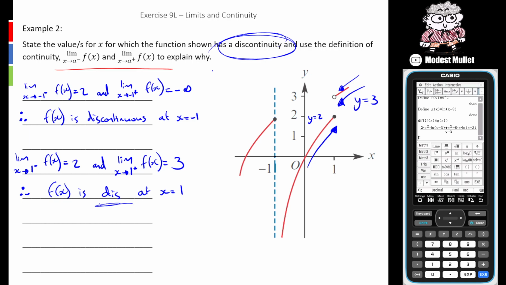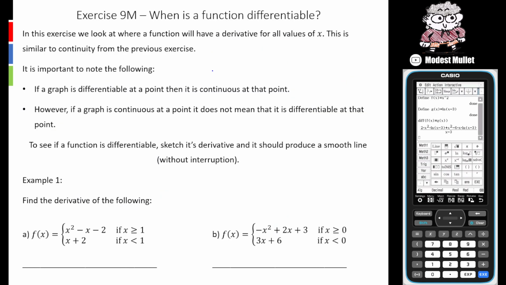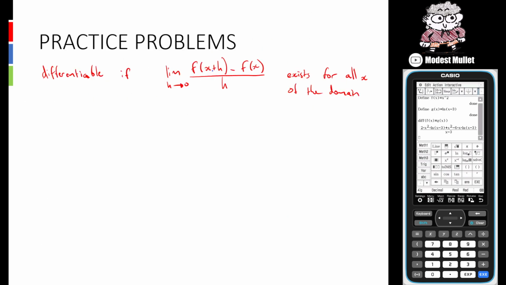Now what does this all mean for derivatives? Well, I'm going to go to this final thing and ignore this title, practice problems. Now, a function is said to be differentiable if our limit, our differentiation via first principles, so this is our first principles equation, because that's where all of differentiation comes from, is that idea of the limit as the gap between those two coordinates approaches 0.